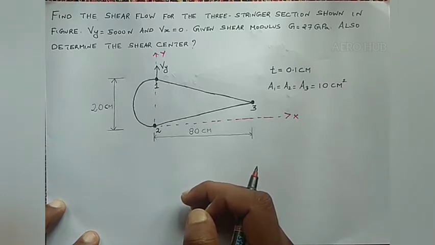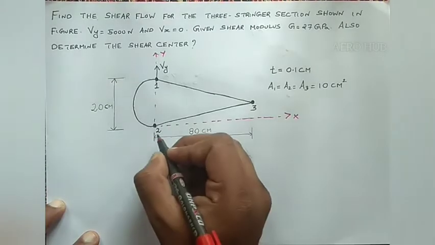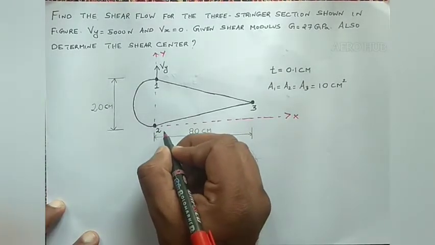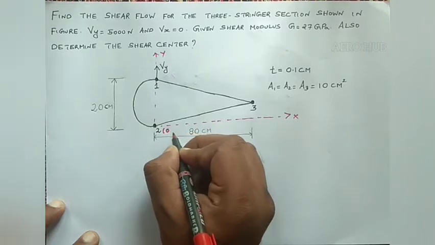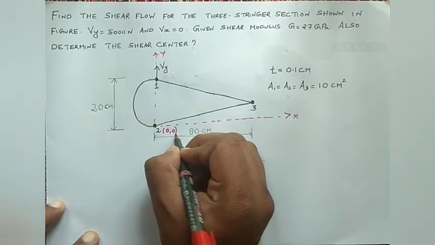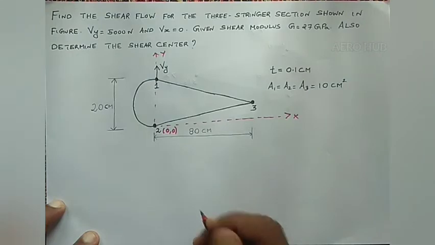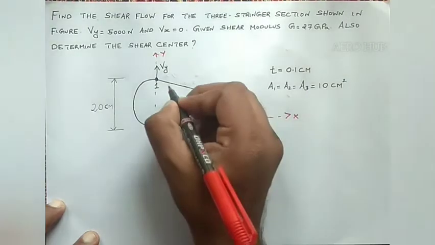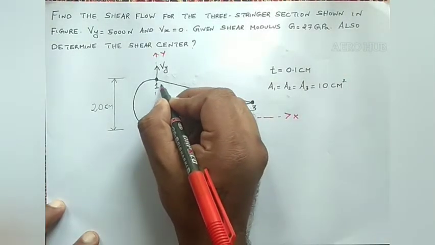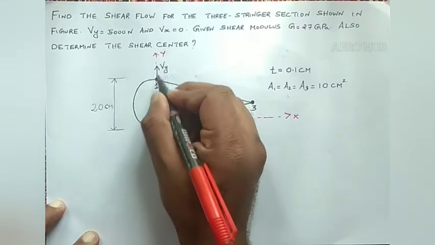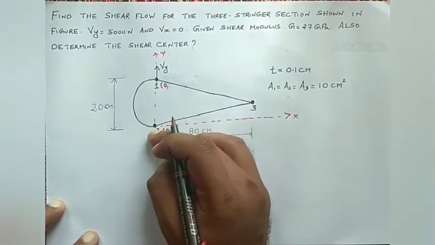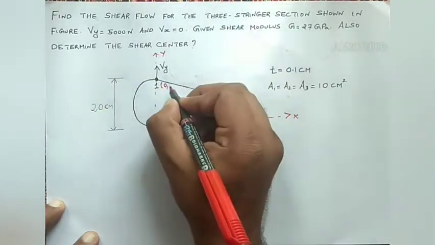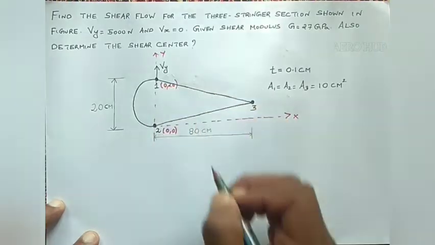Also you can argue the centroid is nothing but the point about which the area is concentrated. So for point 2, the coordinate values are 0, 0, since it is the origin of the section. And you can see for point 1, it is along the y axis, so the x coordinate will be 0 and the y coordinate will be 20, as given in the question as 20 centimeter: 0, 20.